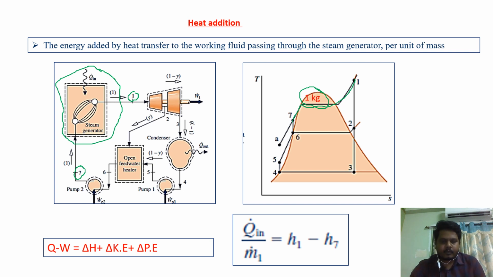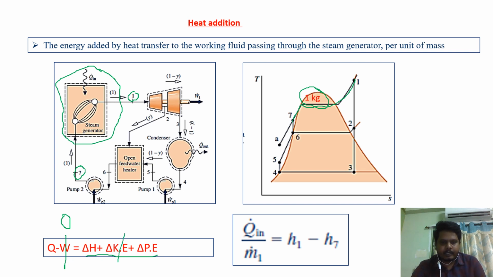Now when you apply the first law to the boiler, we know that Q minus W equals change in enthalpy, change in kinetic energy and change in potential energy. Here in the boiler there will be no work, so the term work equals 0.